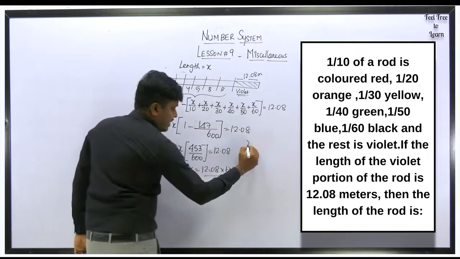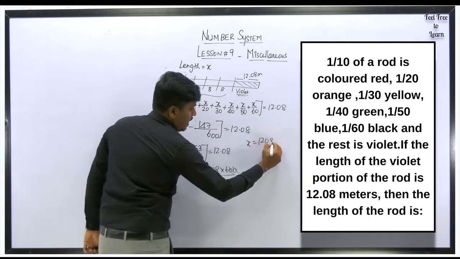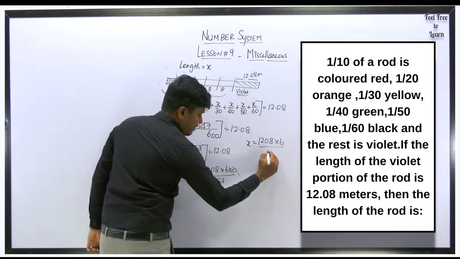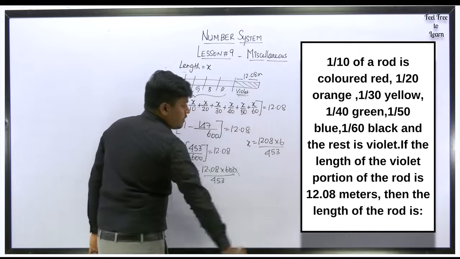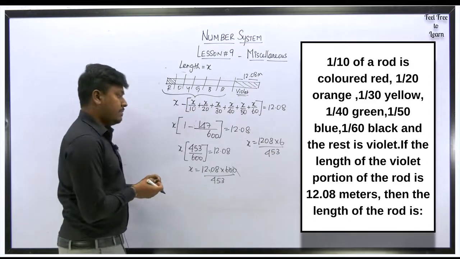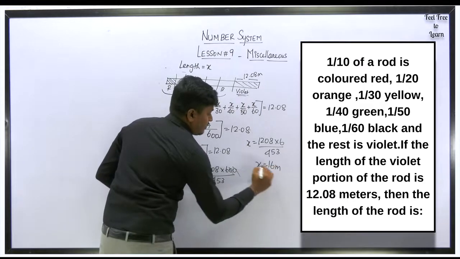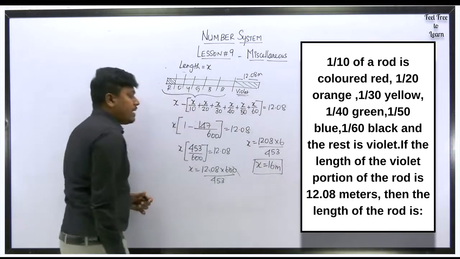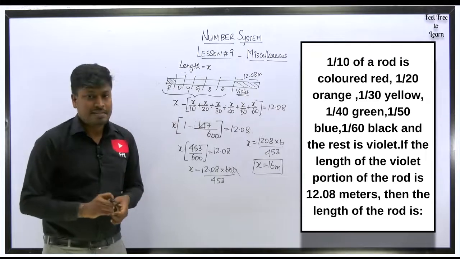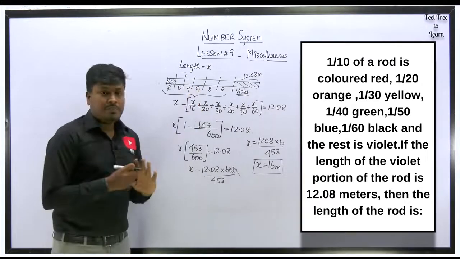So finally x is equals to 1208 into 6 divided by 453. You can cancel this on 3 table 1 times, so x will be 16. That's it, finally we got the answer. The value of x will be 16 meter, which will be the length of the rod.